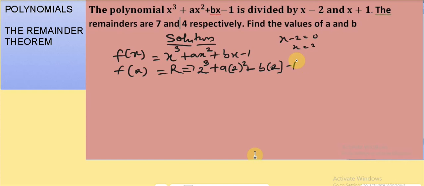Okay, so this, remember, is equal to r, the remainder. So since the first one, when this is divided by x minus 2, the remainder is 7, I'm going to write 7 here.